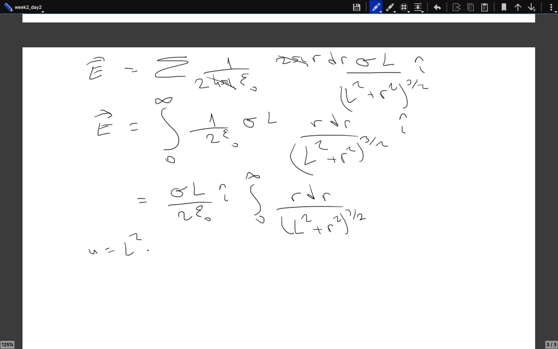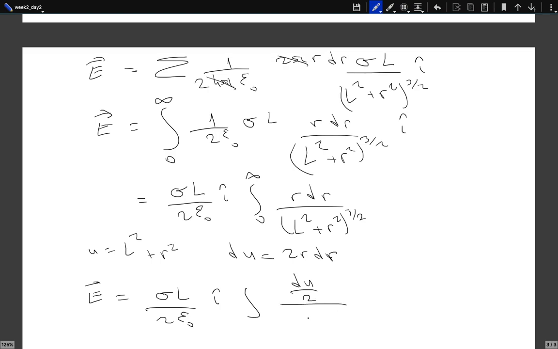U is equal to L squared plus R squared. du is equal to 2R dr. So the electric field becomes sigma L over 2 epsilon 0. I had R times dr is du over 2, divided by u to the power 3/2.